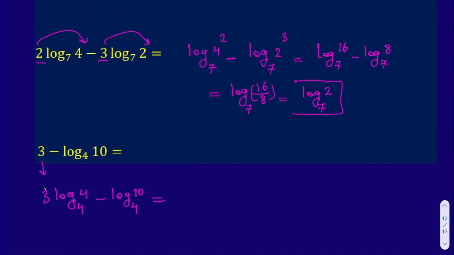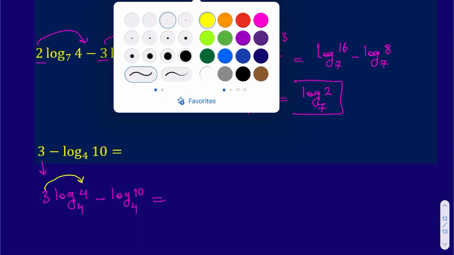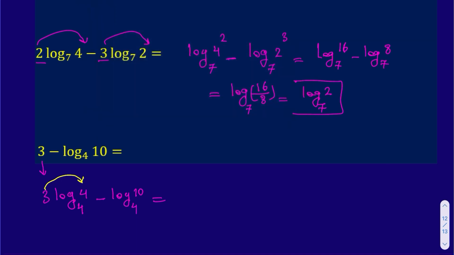Therefore, we can simplify it further. Now I can take this 3 as the index or the power of 4. So I can write it as log 4 to the power of 3 to base 4 minus log 10 to base 4.